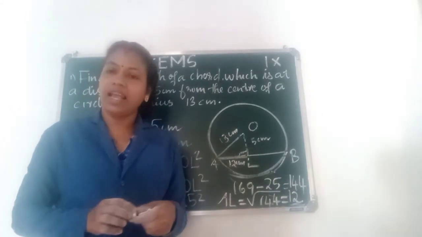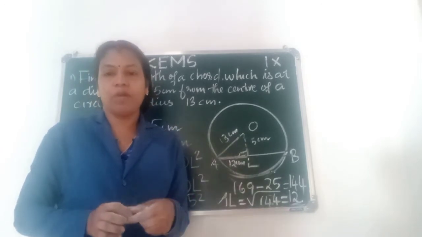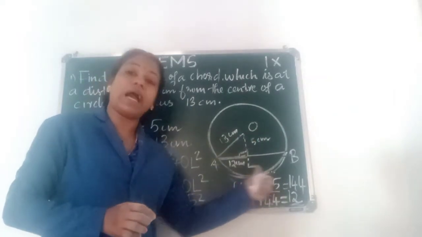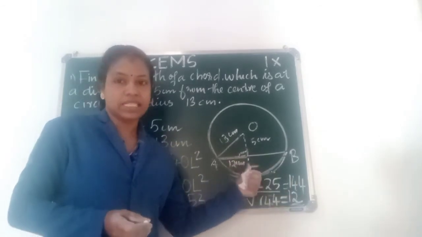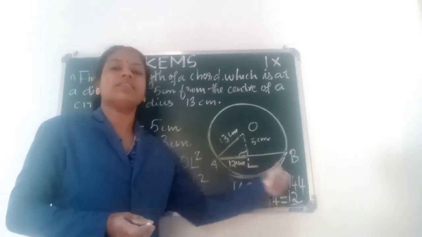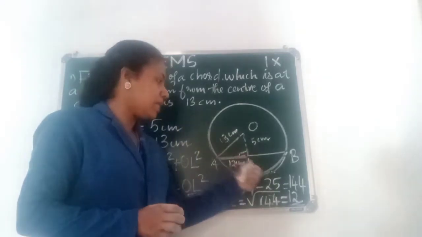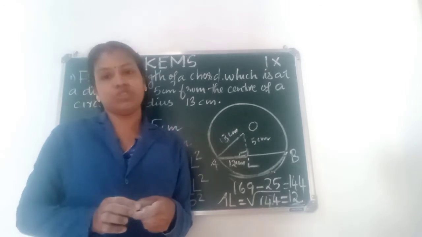That is the length of the chord. Clear? We use the property that the perpendicular from the center of a circle to a chord bisects the chord to find this side AL first, then AL plus LB equals AB, which is equal to 24.